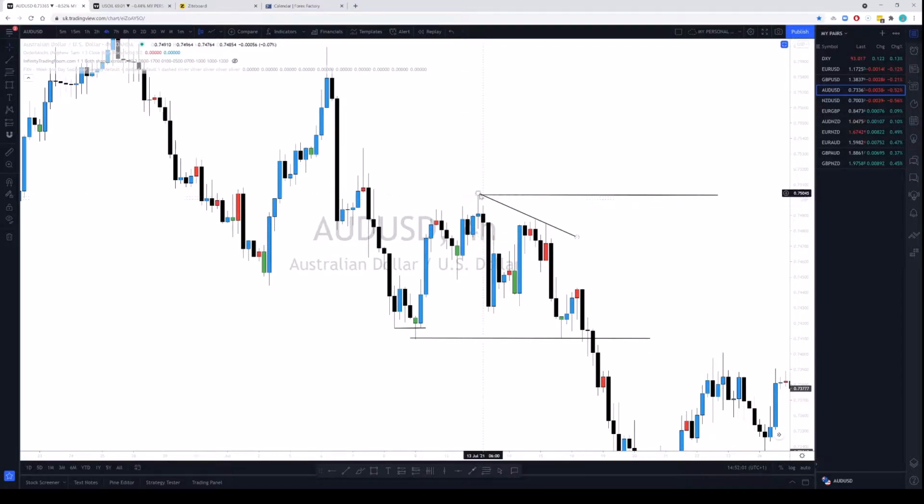And when this high is taken, price should automatically come back inside the range again. Why? Because it's going to be building up stop losses above here. And again, sometimes this high is also engineered to another high.